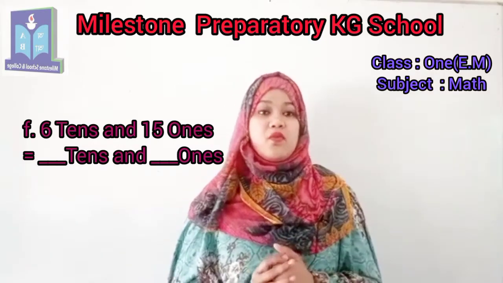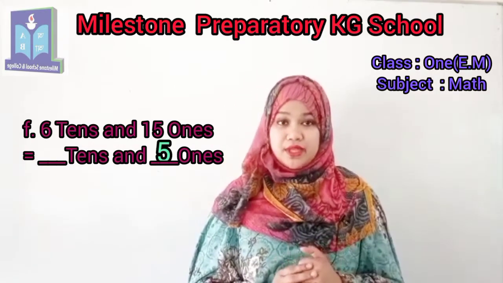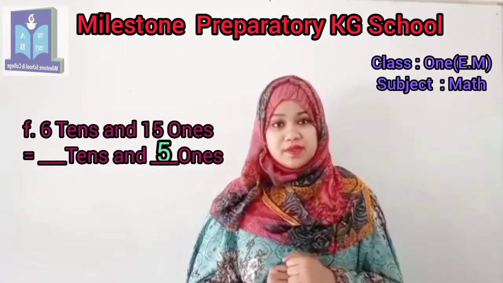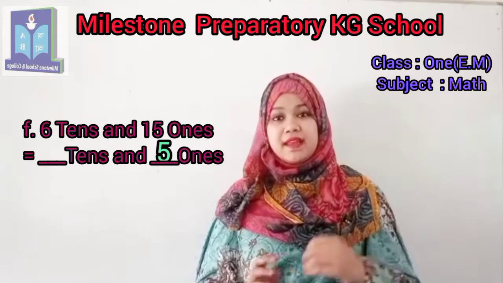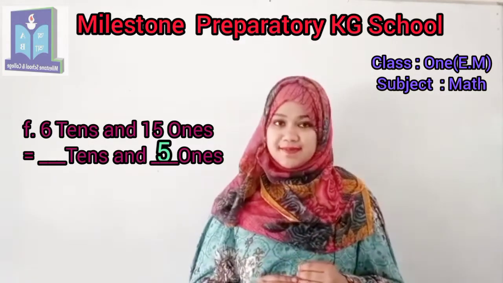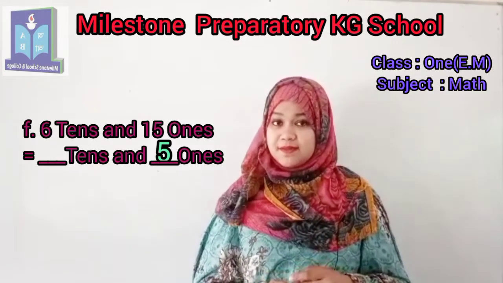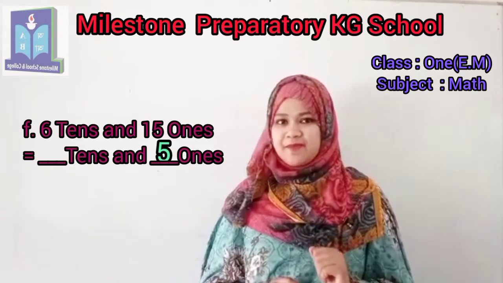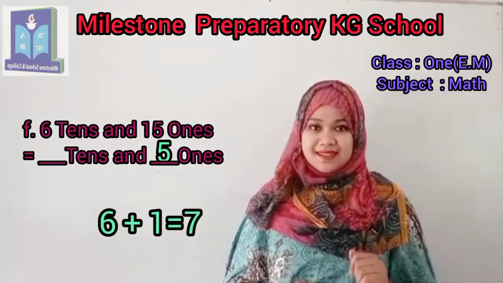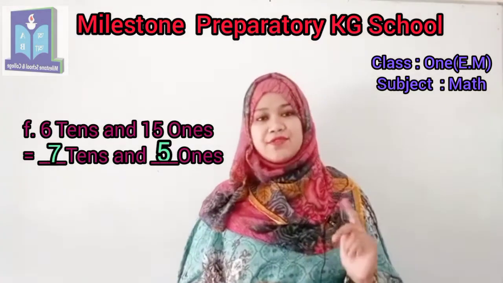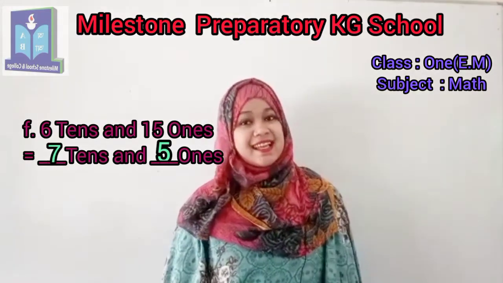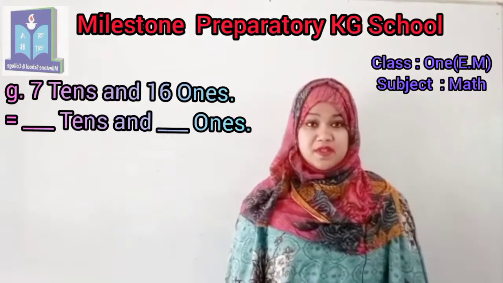So 5 ones. We have to keep 5 ones in the ones position number, and we have to take 1 tens from here and add with the previous tens position number. The previous tens position number is here 6. So 6 and 1, 7. So we get 7 tens and 5 ones. Now exercise number G.